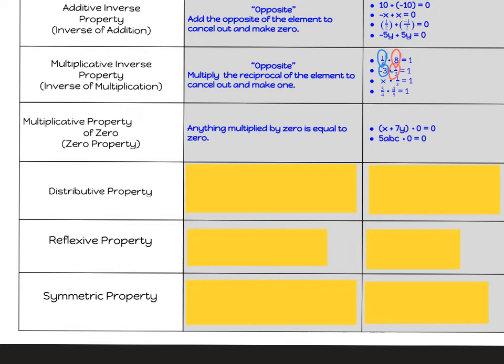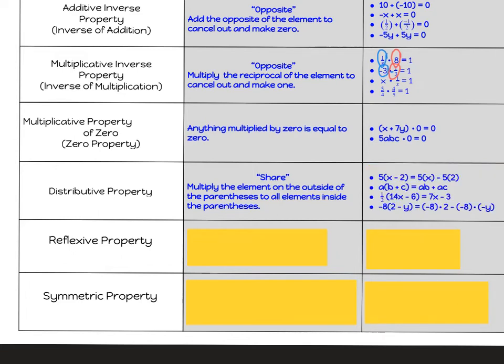Moving on to the distributive property, my favorite property, and this is the sharing property. If you multiply the element on the outside of the parentheses to all elements inside the parentheses, that is when you distribute. So here are some examples of the distributive property. On the left side of the equal sign, you see the original form.